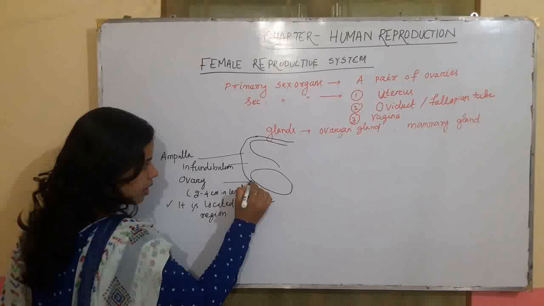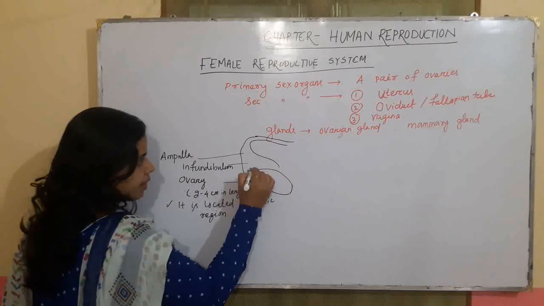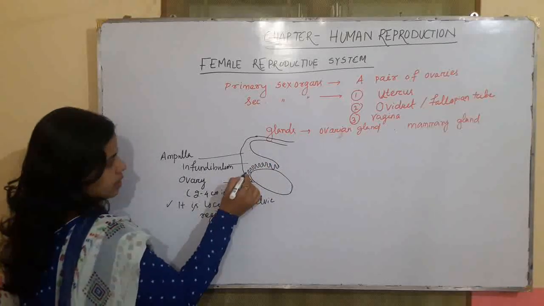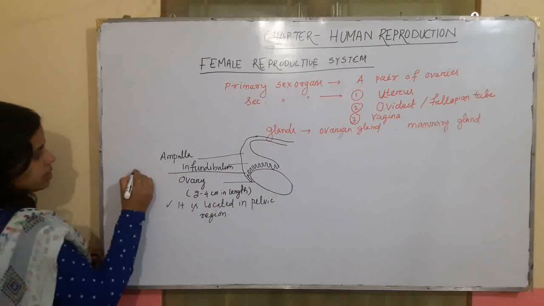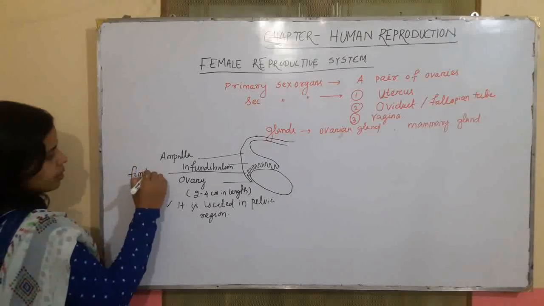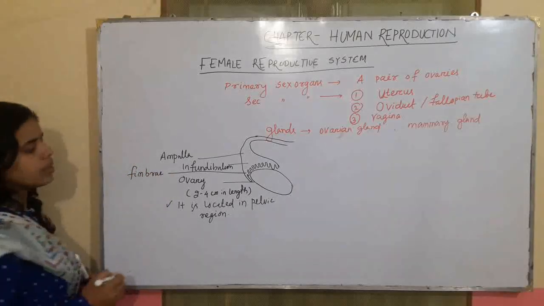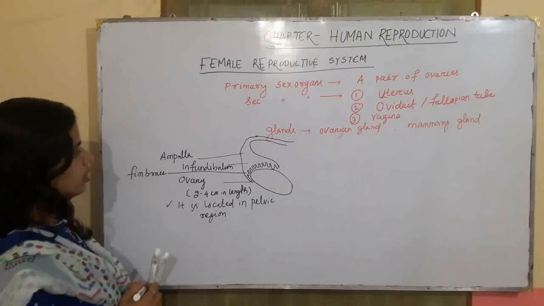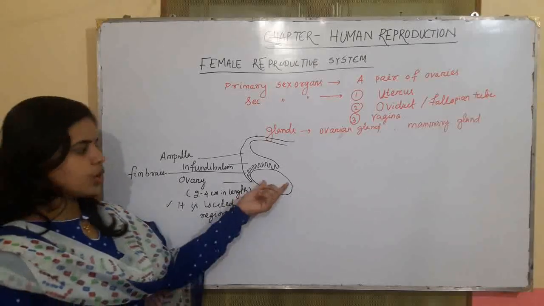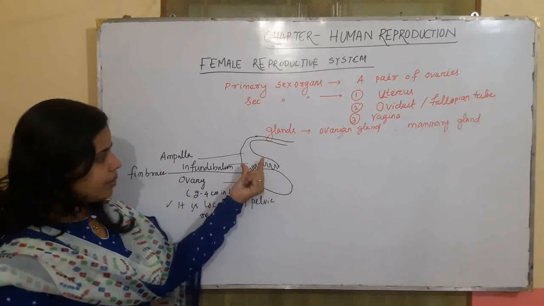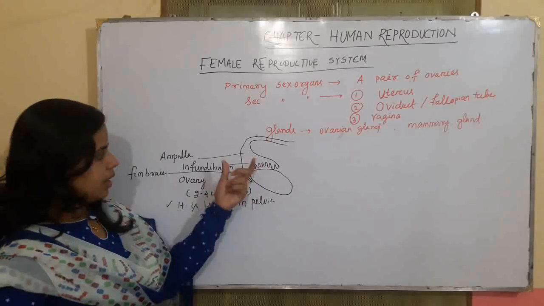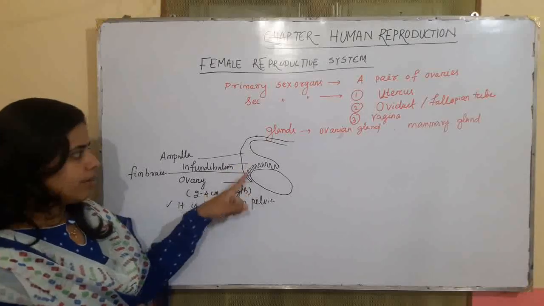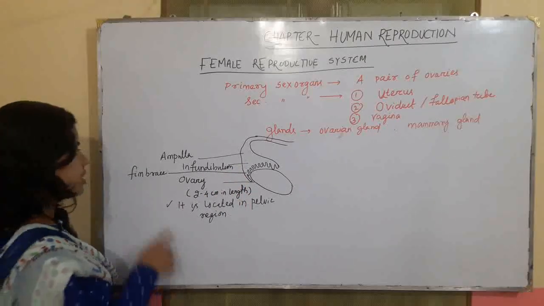This infundibulum has certain finger-like projections, which are termed fimbriae. So this is the structure: at the upper side of the ovary there is the ampulla junction, and the funnel part consists of the infundibulum and the finger-like projections called fimbriae.